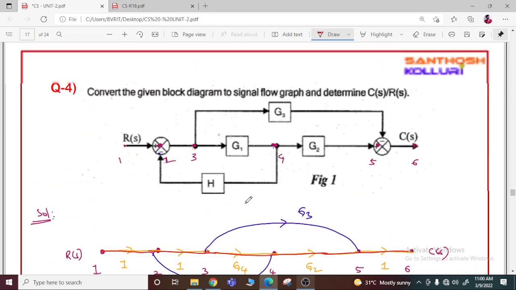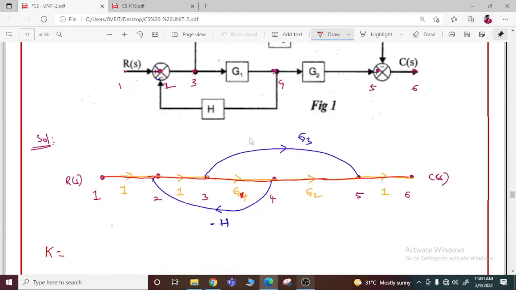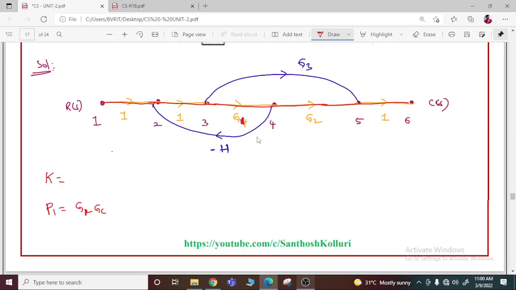Sorry, this is G1 into G2. So the second forward path is directly G3.